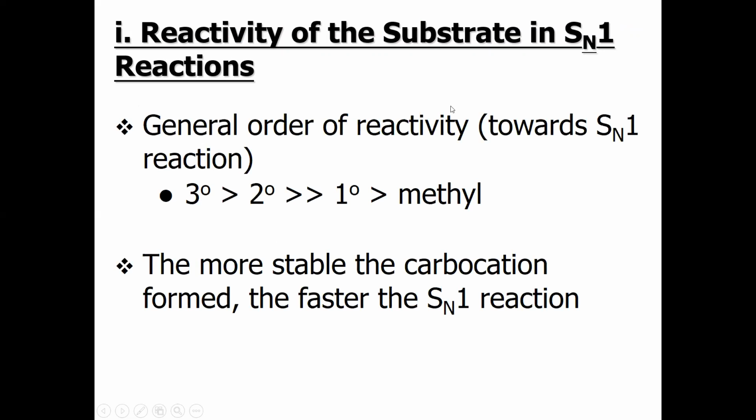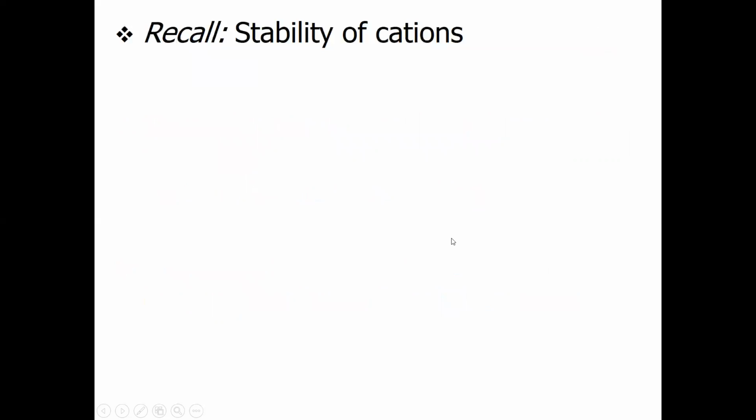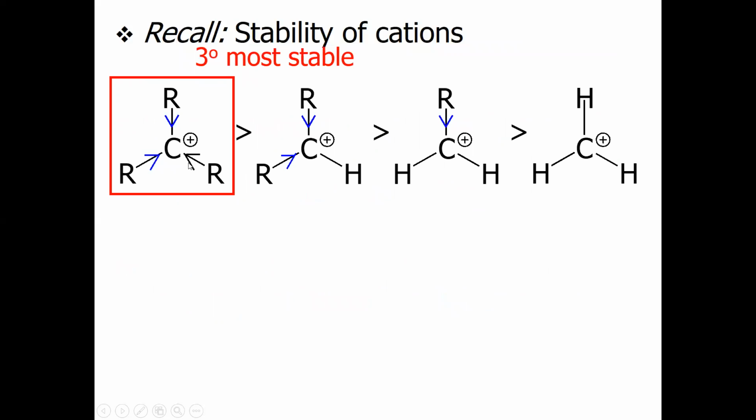The general order of reactivity toward SN1 reactions is that tertiary halides are more favorable than methyl. The reason is the carbocation: the more stable the carbocation formed, the faster the SN1 reaction can occur. Now, what are the factors that can stabilize the carbocation? We discussed in our previous lecture two most important factors: the inductive effect and hyperconjugation.